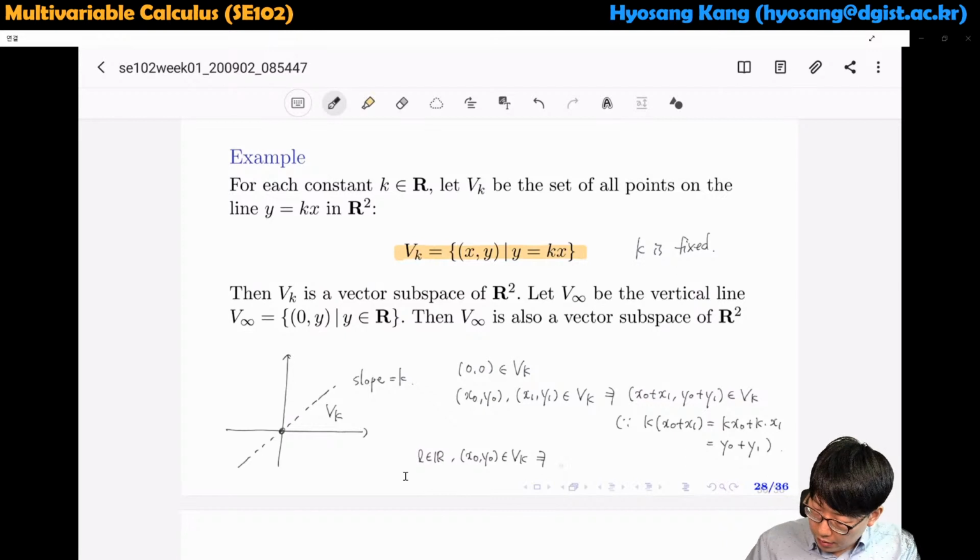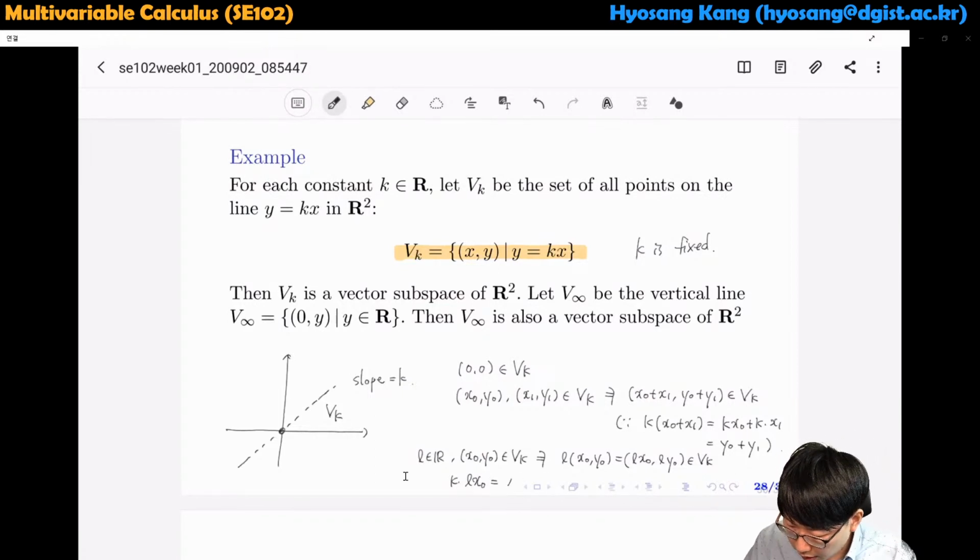Then L times (x0, y0), which is (Lx0, Ly0), also lies in Vk, because if you take k times Lx0, this is L times k x0, and k x0 is y0, so this is Ly0. So this fits the definition of Vk.